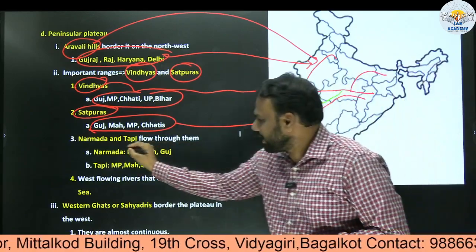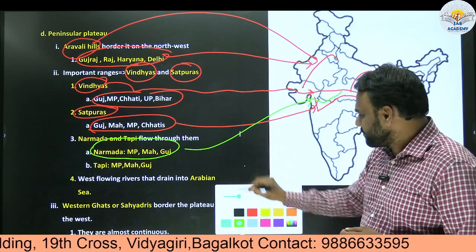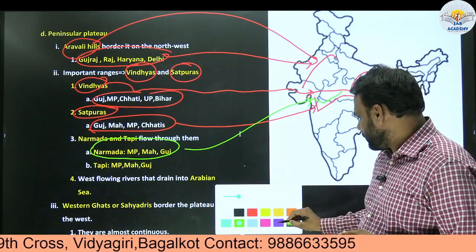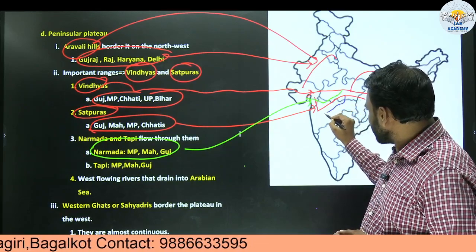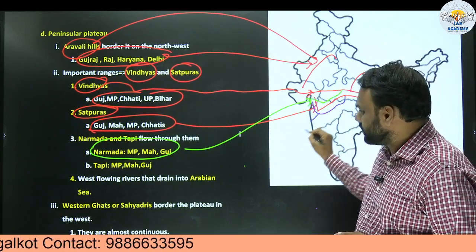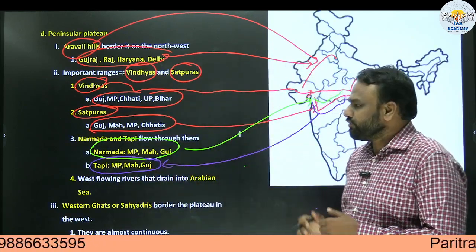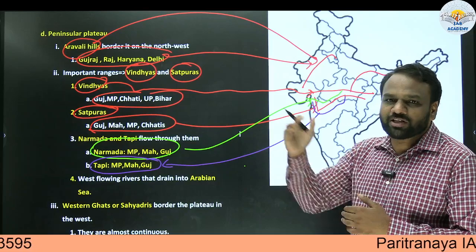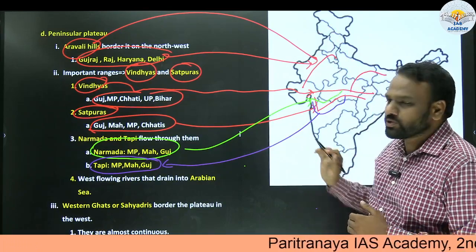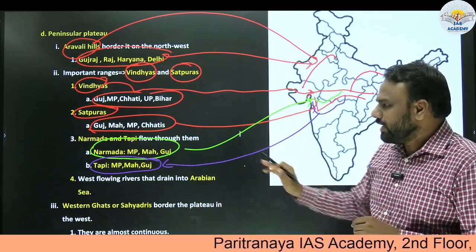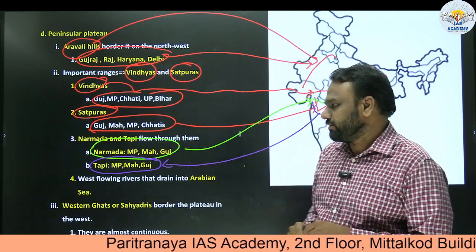Similarly, Tapi: Madhya Pradesh, Maharashtra, Gujarat. If you look at Narmada and Tapi, which one lies towards the north? Narmada lies towards the north and the Tapi river lies towards the south. This much information will be sufficient, and we have already seen that both rivers pass through Madhya Pradesh, Maharashtra and Gujarat.